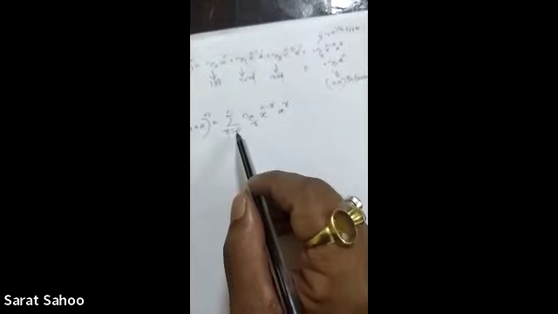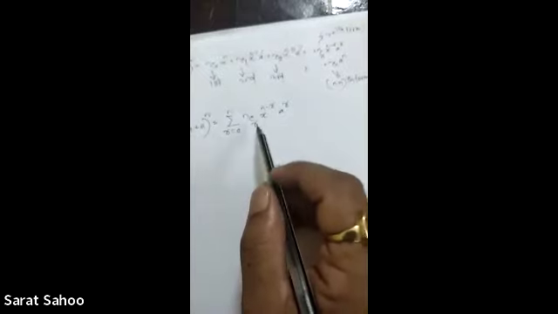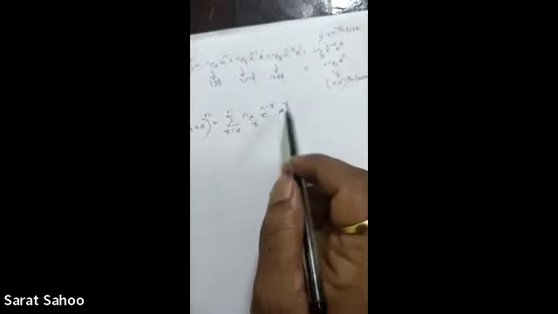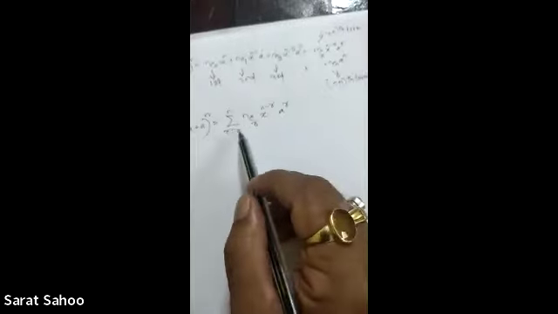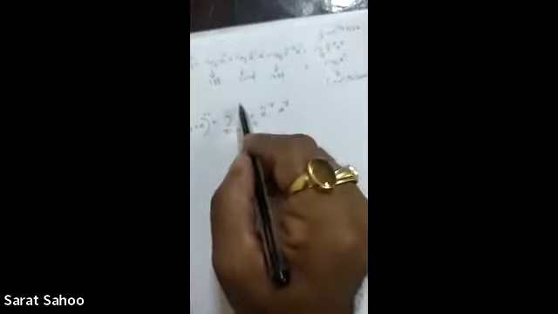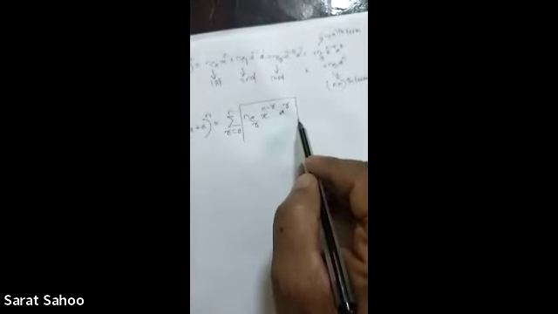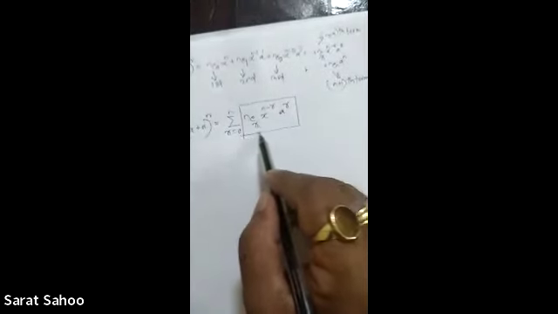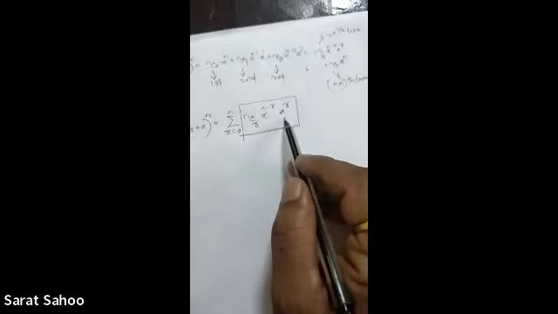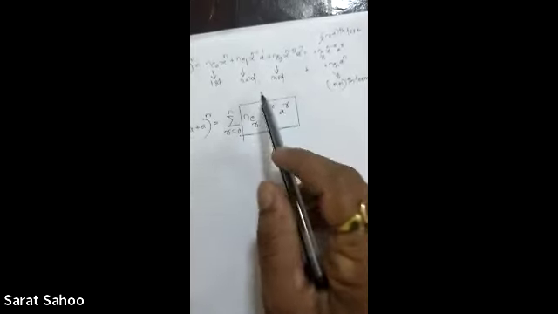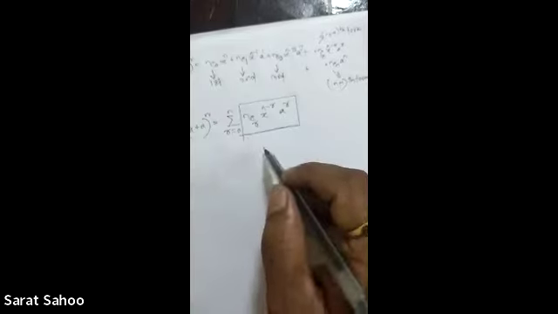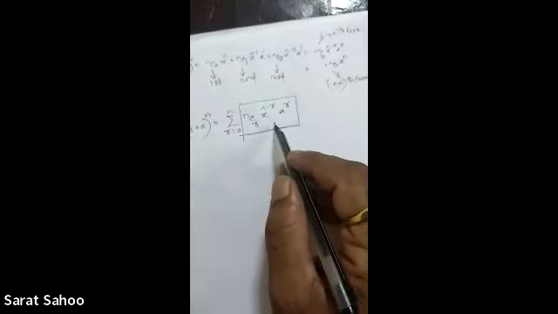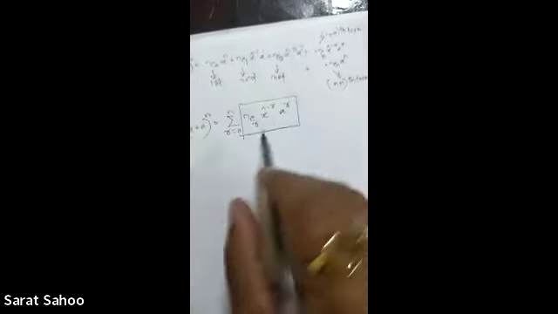For r equal to 1, we will get the second term, that is nC1 x to the power n minus 1 a to the power 1. For r equal to 2, we will get the third term. So this term nCr x to the power n minus r a to the power r will give you the different terms of the expansion for different values of r. So this term is known as the general term or generating term.